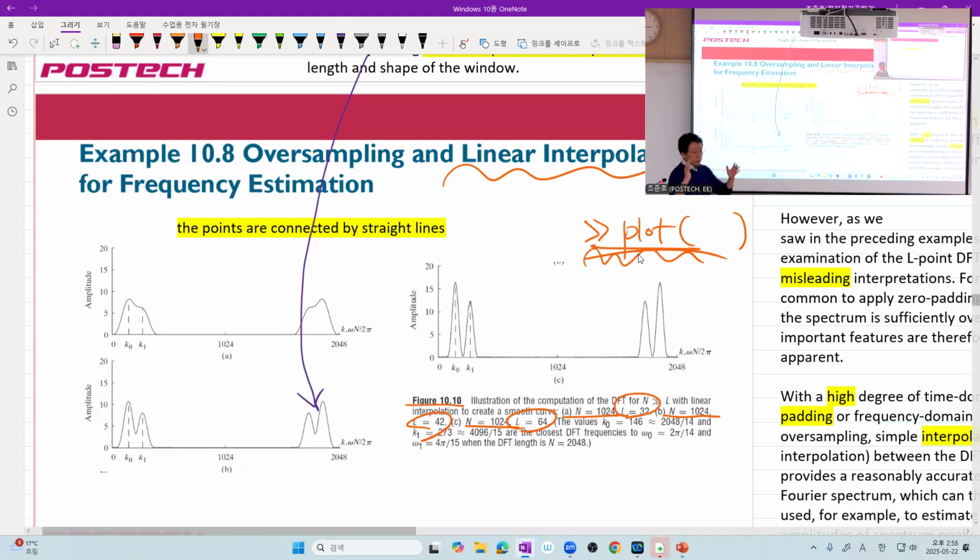But be careful that the output of the plot function is a distorted version of the CTFT of the input signal. In what sense? First, you have a rectangular window or some finite duration window. What does that mean? Your original signal may have a very strange shape before you cut out and after you cut out. This information is gone.